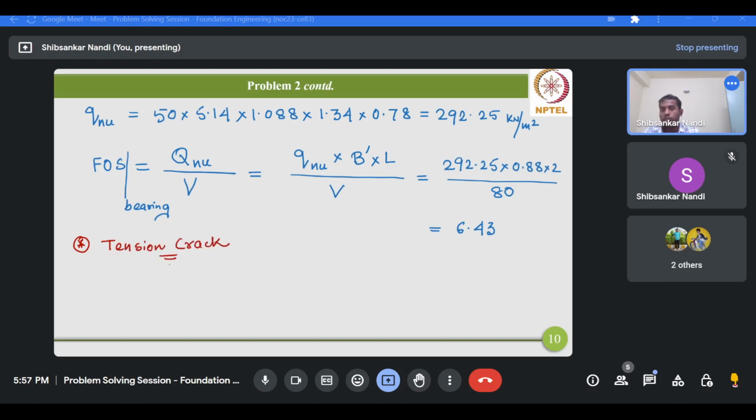Now, in the first problem, we have discussed it. This is the column, supported by this footing, and you are having some eccentric load. This is eccentric with respect to the center.